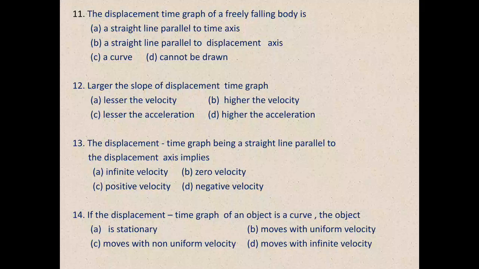This means that the slope of the graph is different at different times. Slope of displacement time graph measures velocity. So the body moves with non-uniform velocity. So here your correct answer will be C, moves with non-uniform velocity.